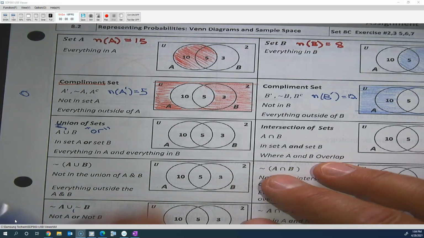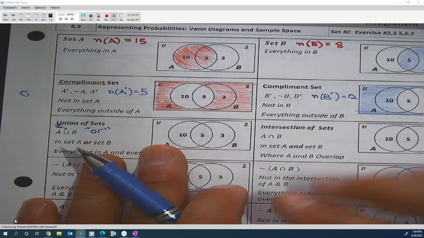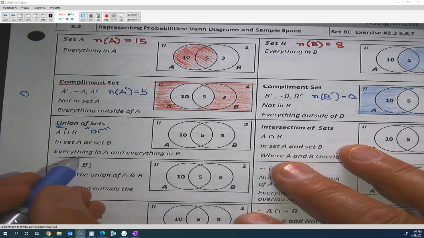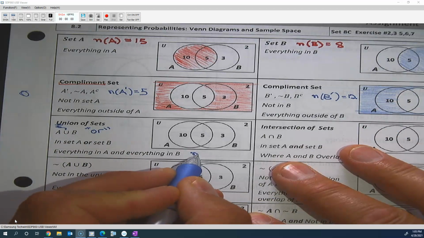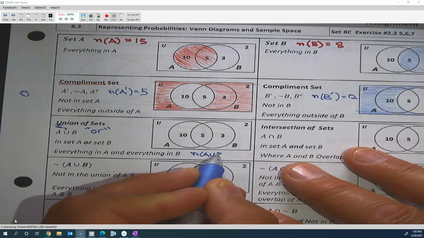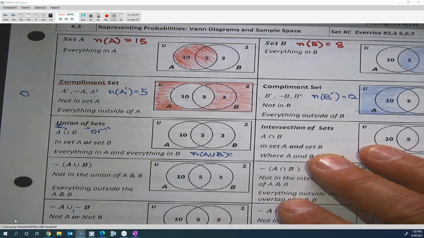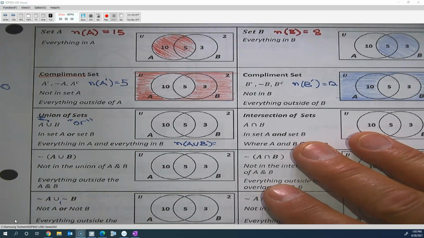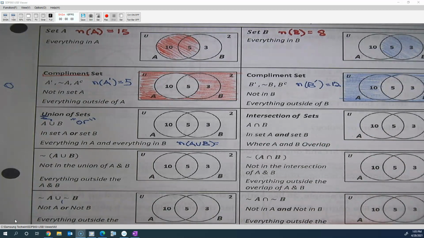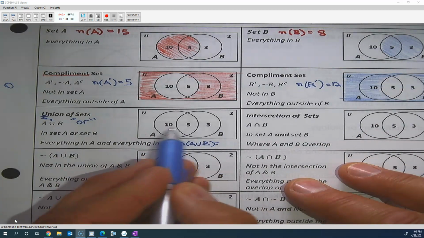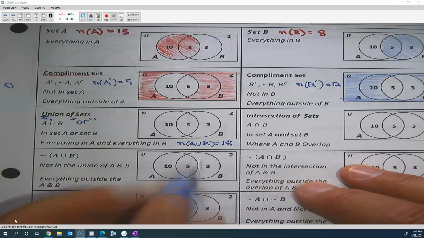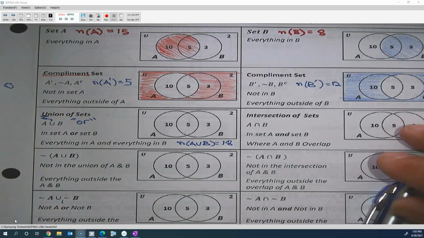So we could say it's items that are in A or they're in B. In our case, the number of items in the union of A or B would be what? 18. Yep, everything that's inside these circles. 10, 5, and 3. So that would be 18.